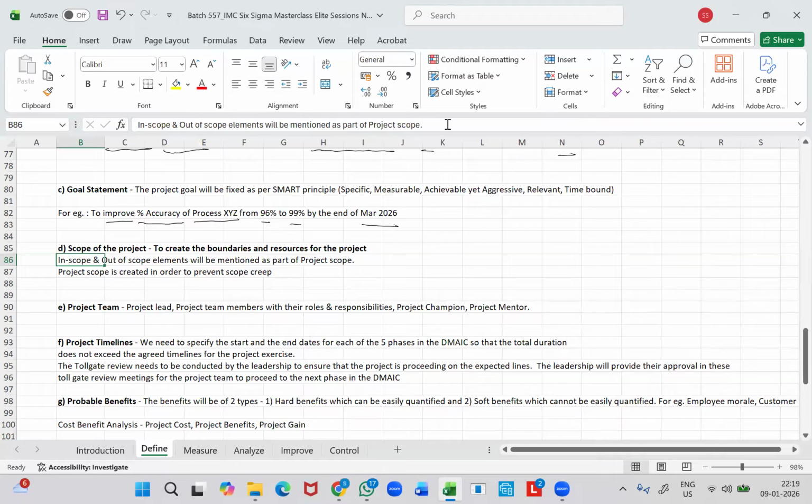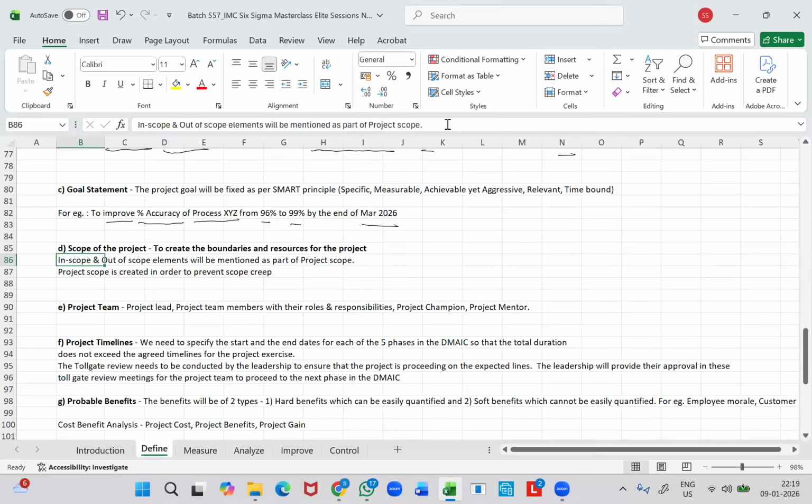So it will help you to come up with the in-scope and out-of-scope elements. So in-scope, as far as our example is concerned, we will mention sub-processes A and B. Out-of-scope will be sub-processes C and D.